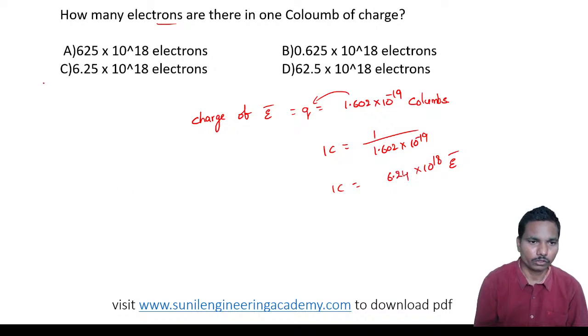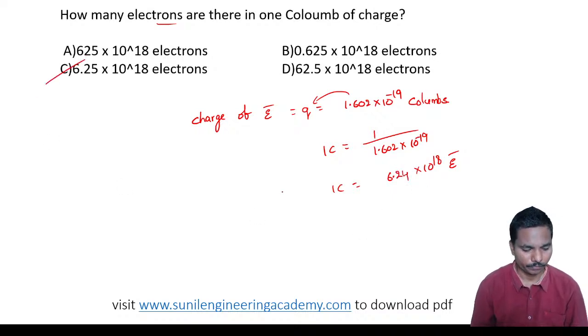Yes, 6.24, so the answer is option C. 6.24 into 10 power 18 electrons. Okay.